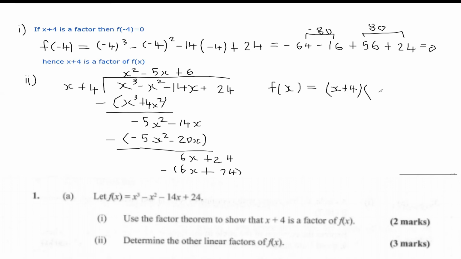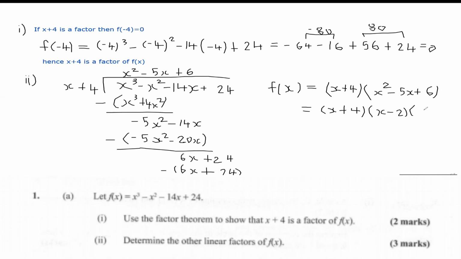But then x squared minus 5x plus 6, that can be factorized. We can always factorize this part now. When we factorize this, what we're going to get is x plus 4 times, now x squared minus 5x plus 6, that's going to be x minus 2 times x minus 3.